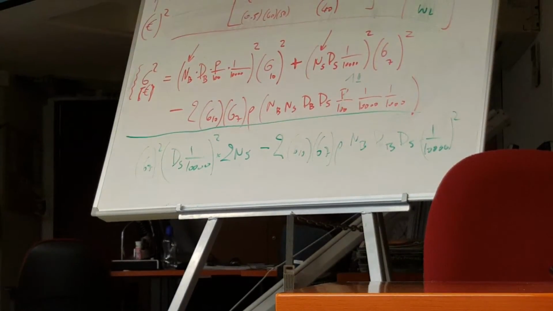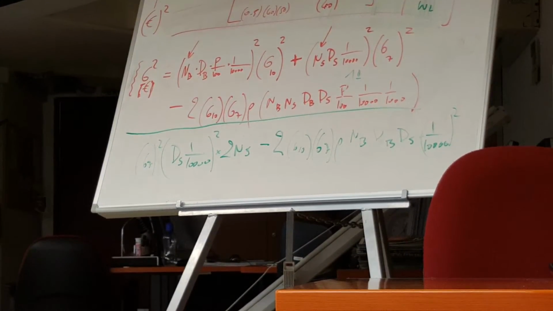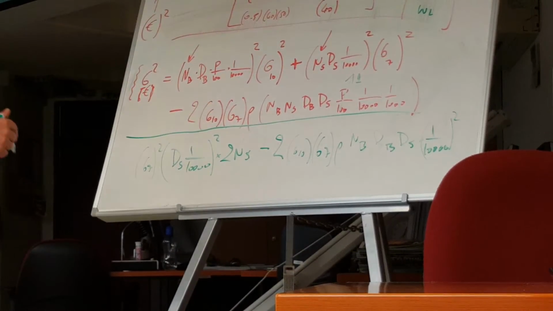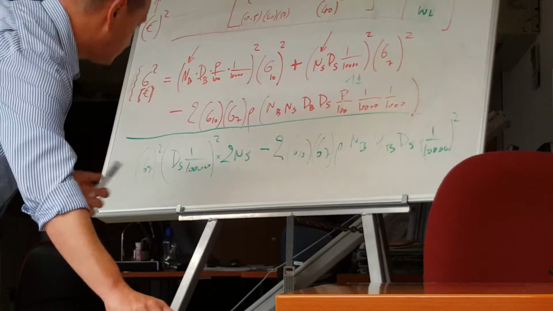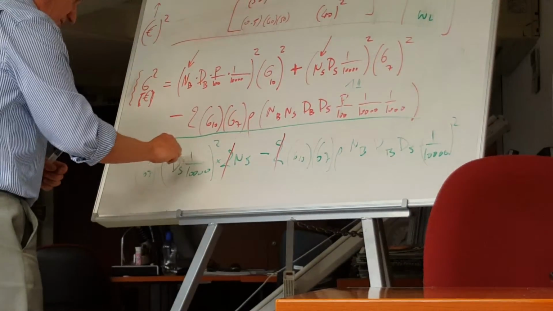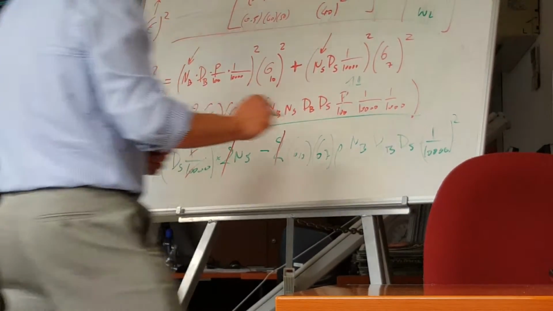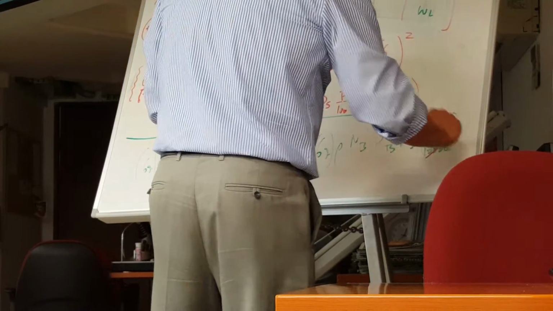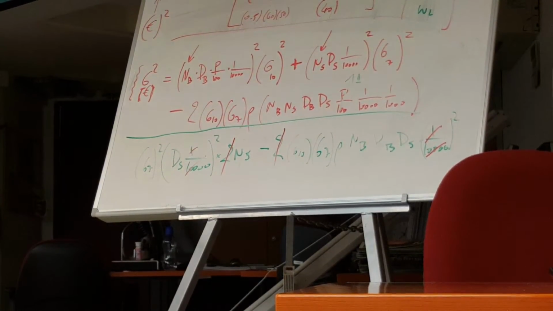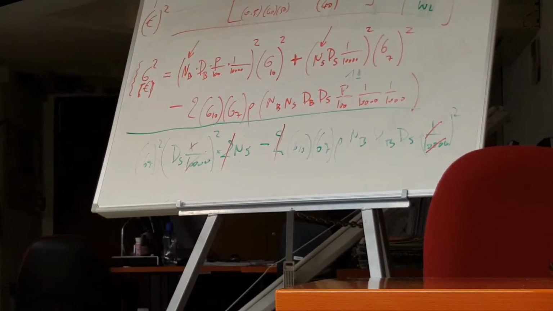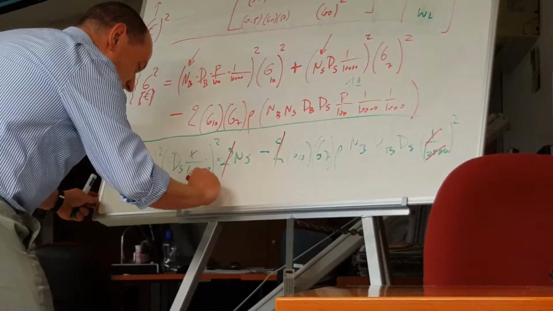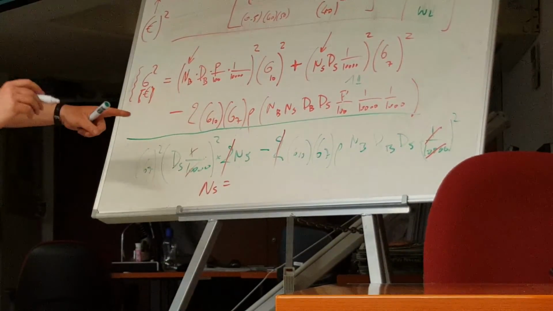Okay. So this is my derivative with respect to NS. So for this derivative to be equal to 0, let's just do some simplifications here. This goes out. This 1 over 10,000 goes out. This 1 over 10,000 goes out. And I have NS equals.